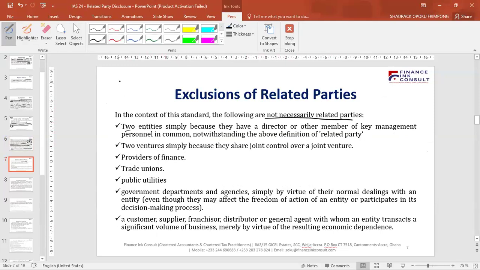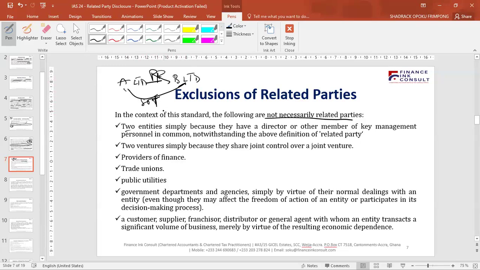So we have company A, A Limited, B Limited. It's possible that I can be a director here and be a director here. Let's say Shadrach. By virtue of me being a director here and a director here doesn't make these two entities related parties.